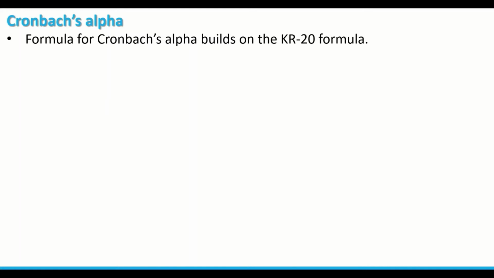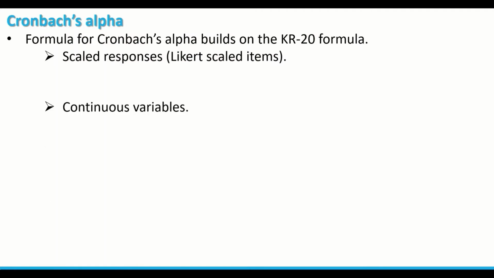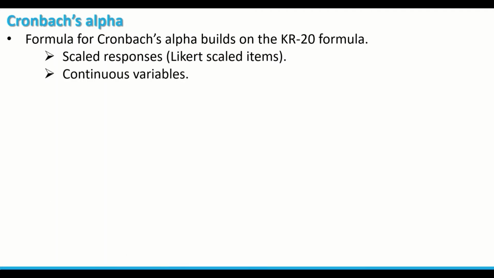Cronbach's alpha formula is built on the Kuder-Richardson 20 formula. It can be used for the analysis and testing of the reliability of data that is based on scaled responses, such as Likert scaled items from 2 up to 11 point Likert scale.